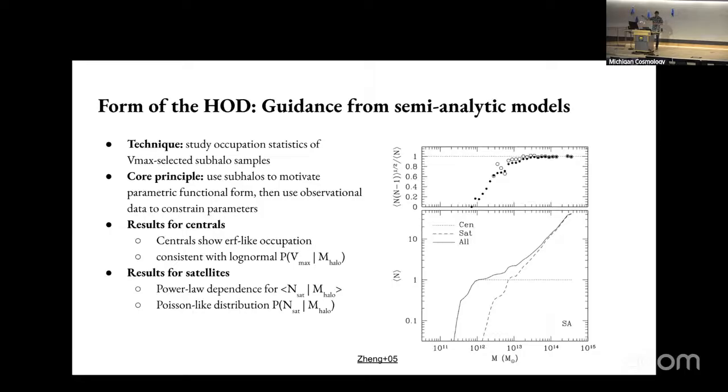And so it's natural that it asymptotes to unity, and also natural that it asymptotes to 0, such that once your halo is sufficiently low mass, there's no way that you could have a galaxy of a given mass that fits in that halo.